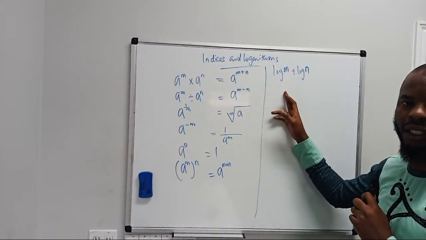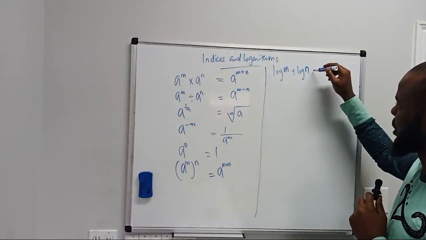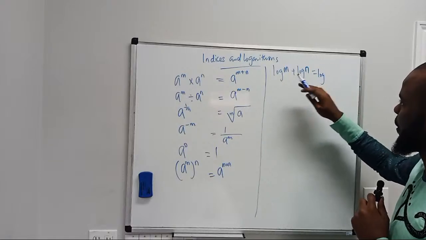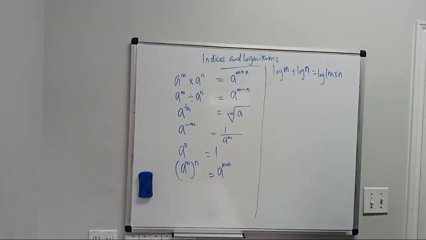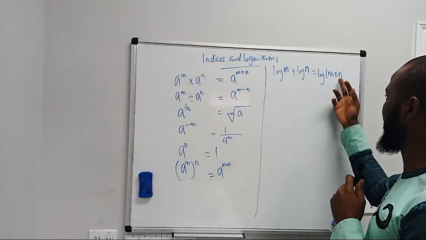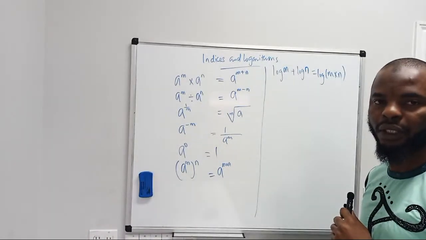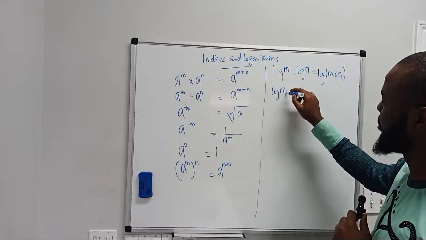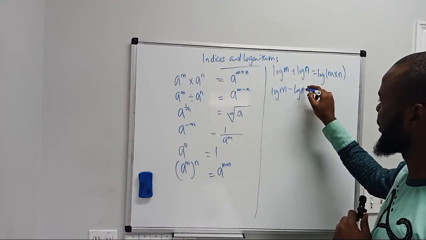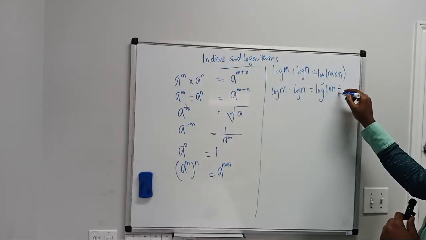In this case, log m plus log n gives you log of m times n.